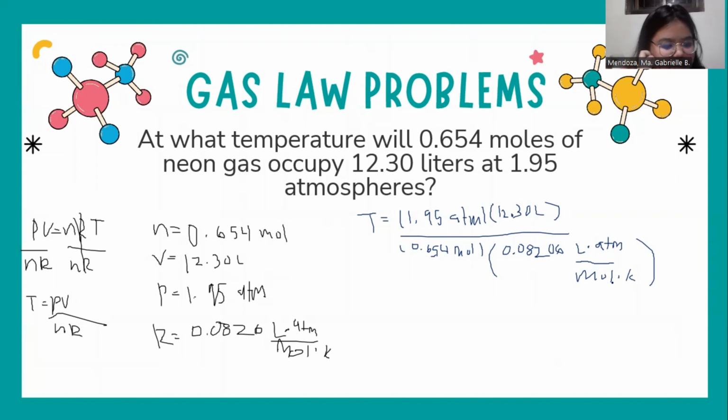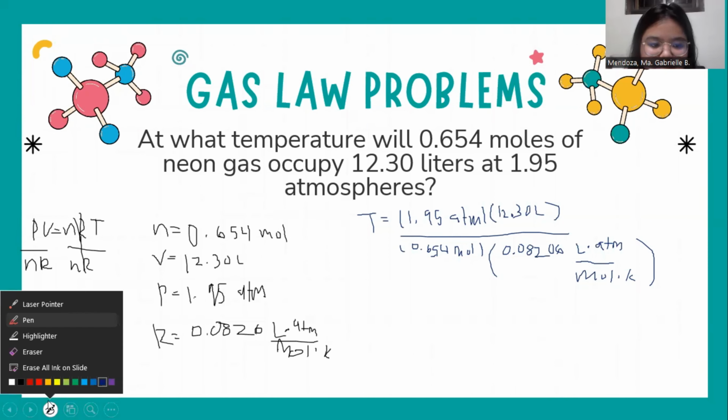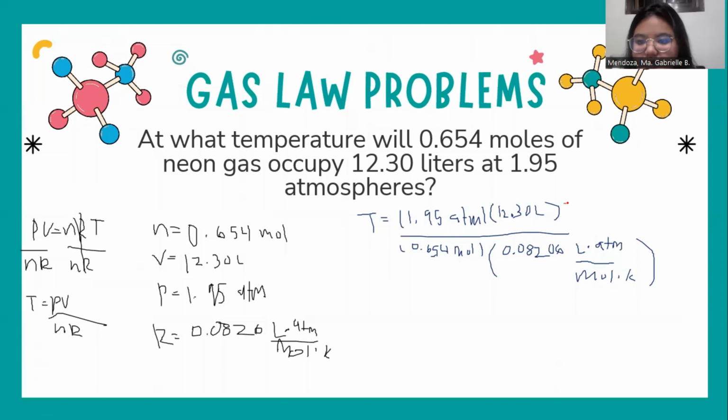So, the temperature here would be, isa-isahin natin. 1.95 times 12.30, yun nasa taas, that would be 23.99.